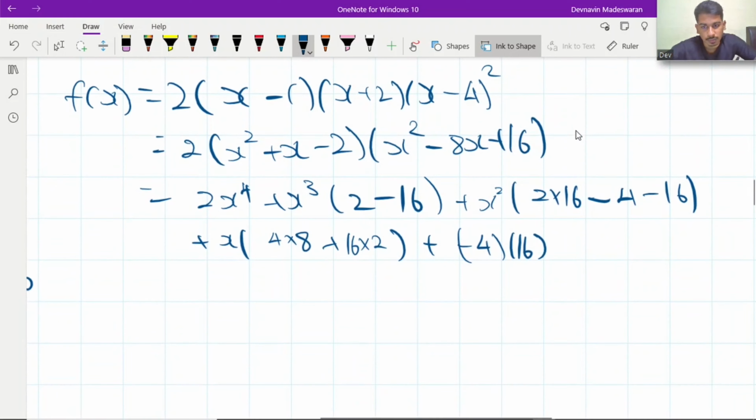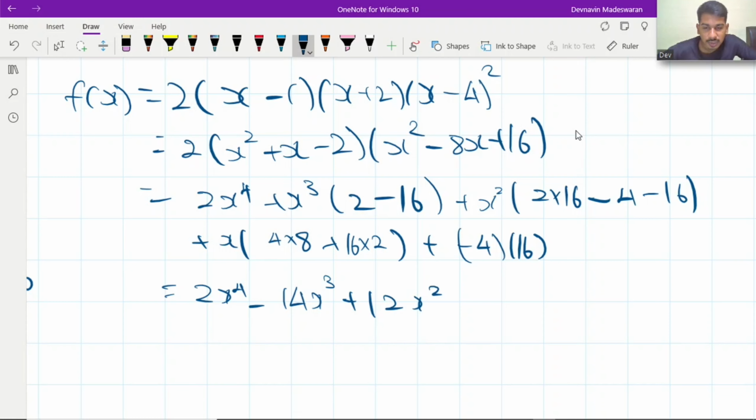Okay, let's do this. 2x to the power 4 minus 14 x cubed, and plus 16 minus 4 is going to be 12 x squared, and then 8 times 4 plus 16 times 2, 64, plus 64 x, then minus 16 times 4, 64 also.